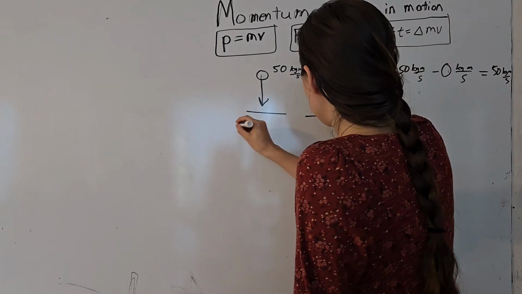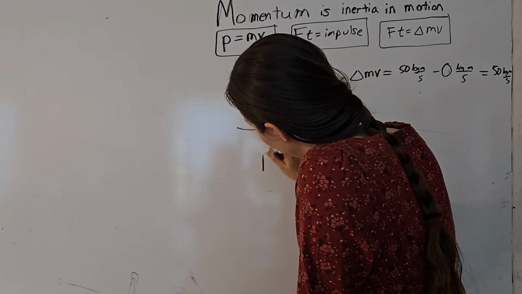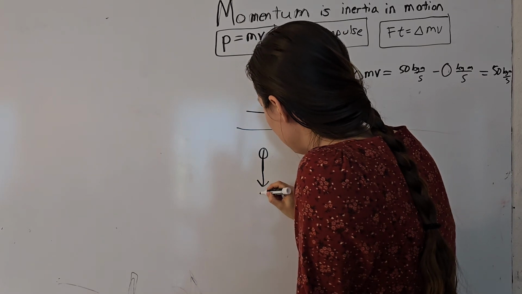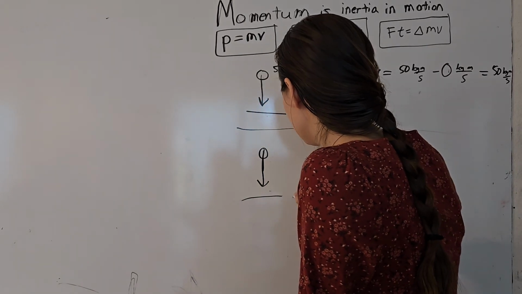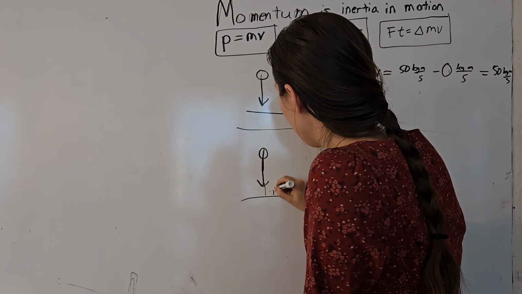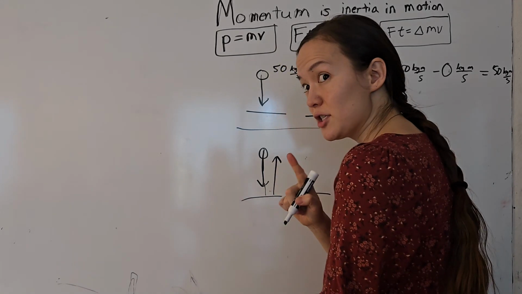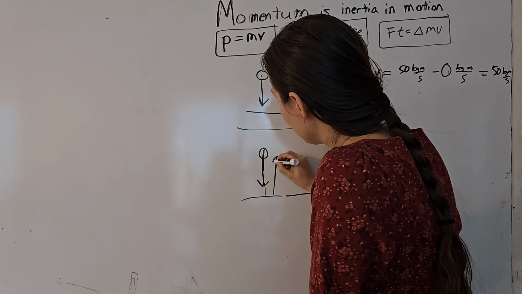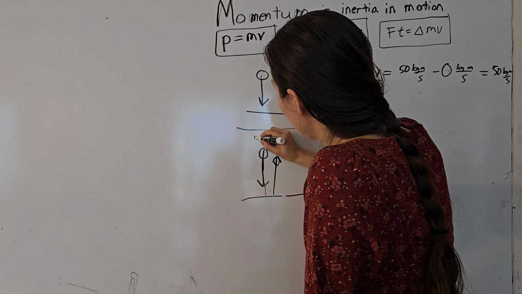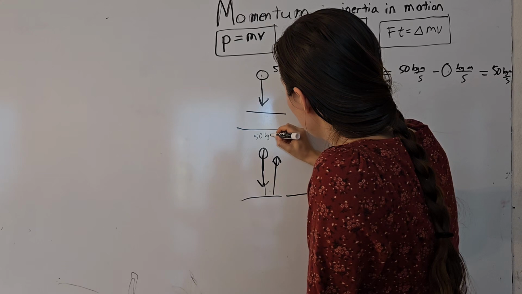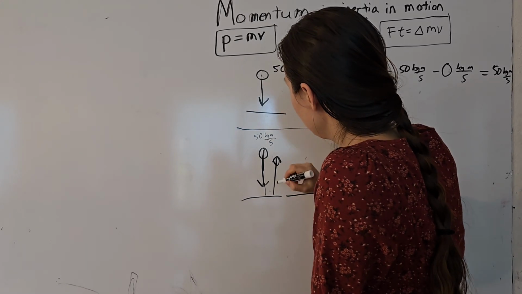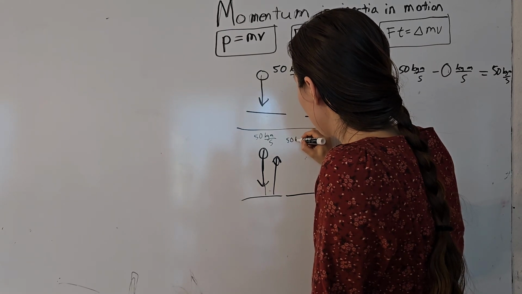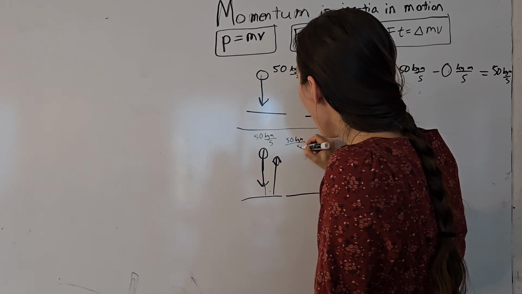Now what happens in the situation where the ball is falling, same ball, but it's going to bounce. So it hits the ground and comes back up. That's a different situation though. But okay, it's springy, whatever. So now it bounces back up. Its initial momentum was 50 kilogram meters per second down, and now its momentum is 50 kilogram meters per second up.